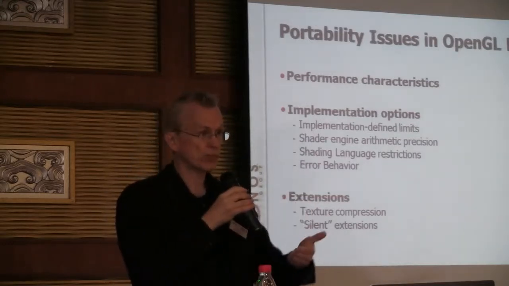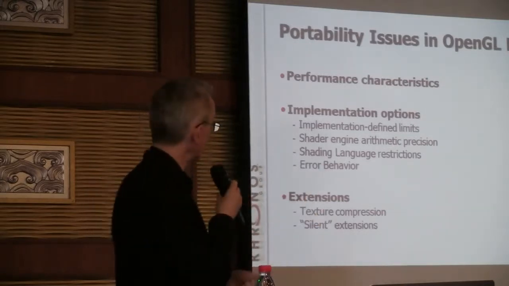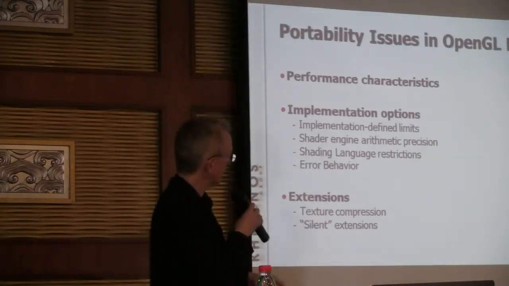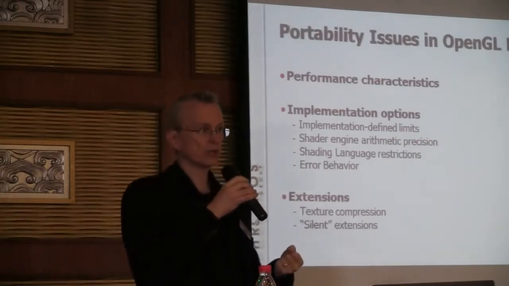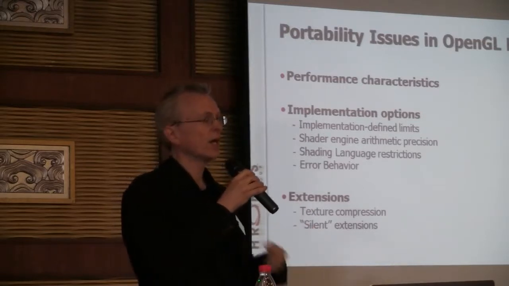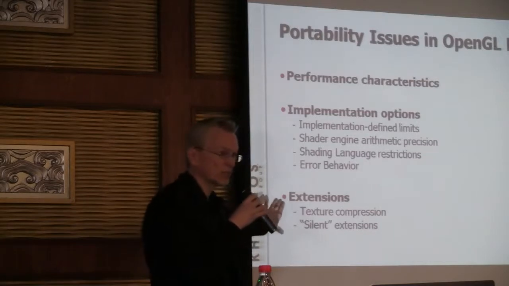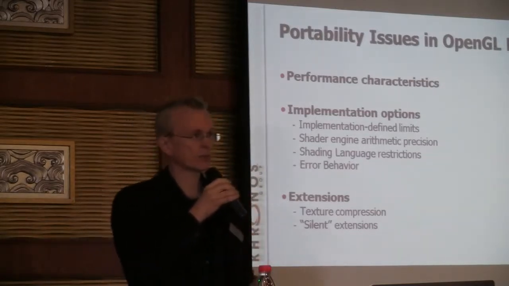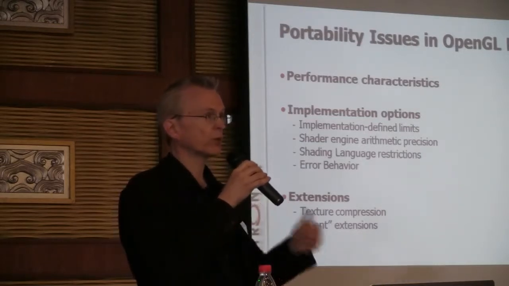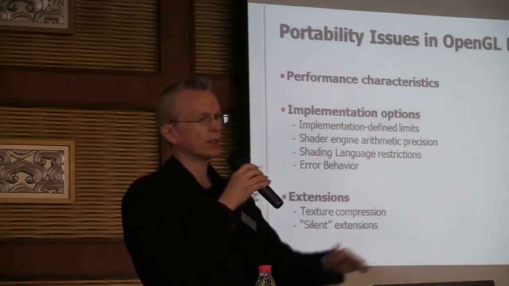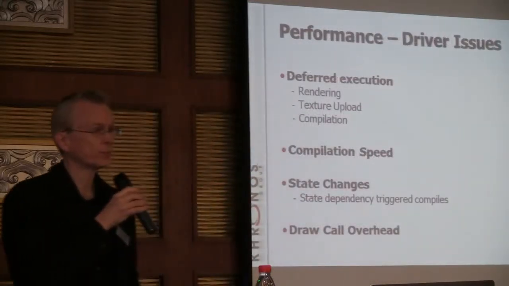Those are permitted by the specification, but they do create some portability issues for software. And then finally, the API provides a mechanism for hardware vendors or implementers to say, I have a new feature which belongs to me, and I can expose it through an extension, which is an addition to the specification, which possibly only I support, or possibly some vendors support and others do not. So first, let's talk about performance.